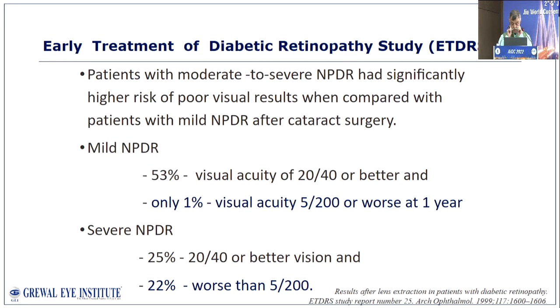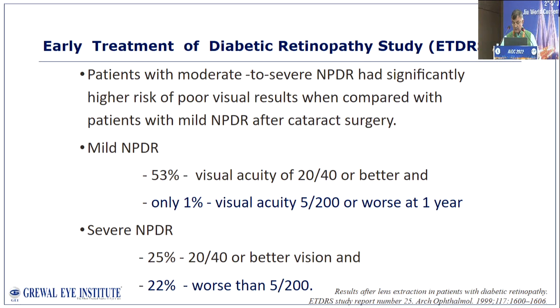It was way back in ETDRS when they did cataract surgery on these patients. It was very clear: if you have a mild NPDR, you can do routine cataract surgery, they'll do well. There'll be hardly any worsening. But in case there is a moderate or a severe NPDR, then almost 22% had worse than 5/200 vision.